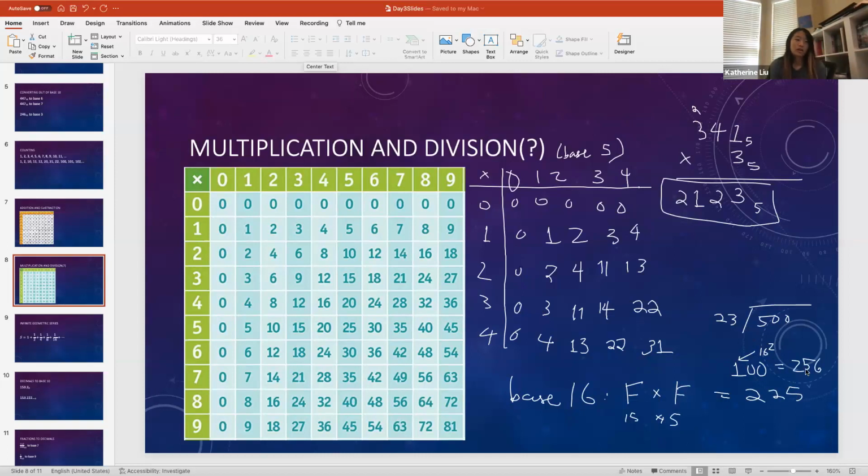So you'll always end up with a 2-digit number, which means it's relatively easy to convert between 10 and that base. So you don't have to worry about boggling your brain.